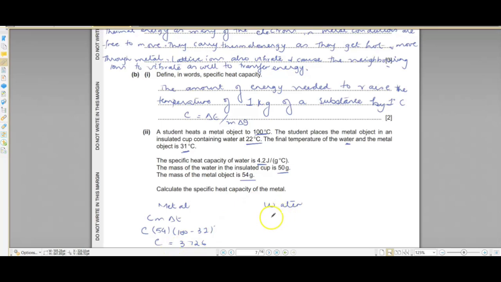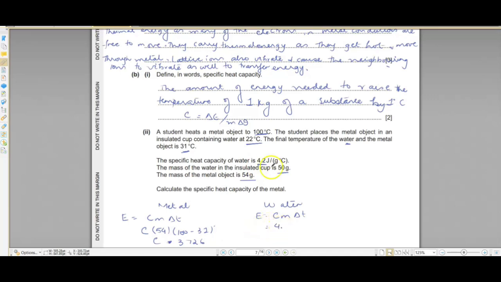Now we are going to look at the water side. This is energy is equal to Cm delta T. I didn't write that. I should actually. Okay. Energy over here.